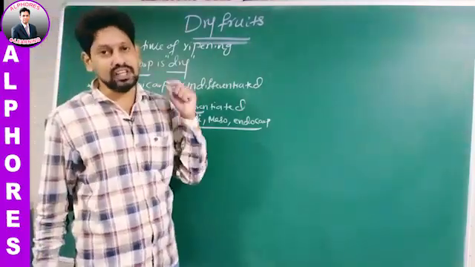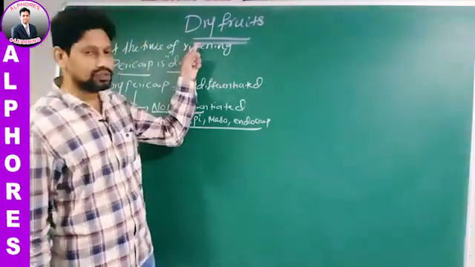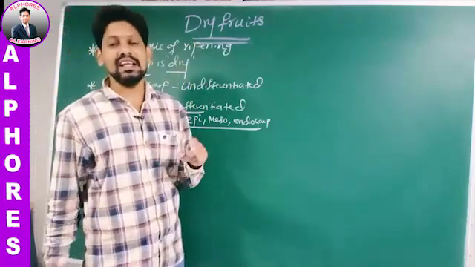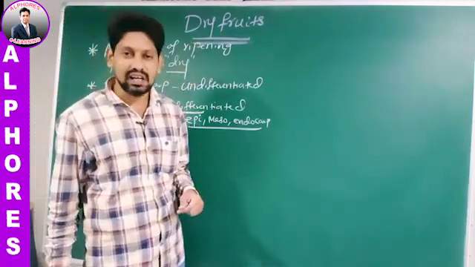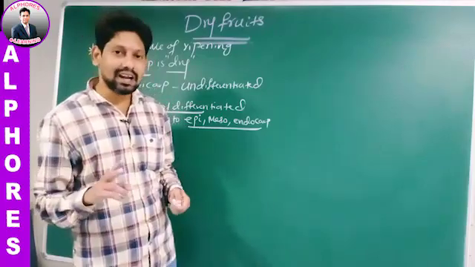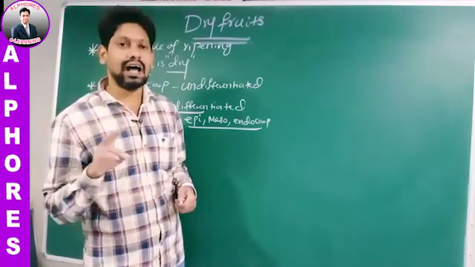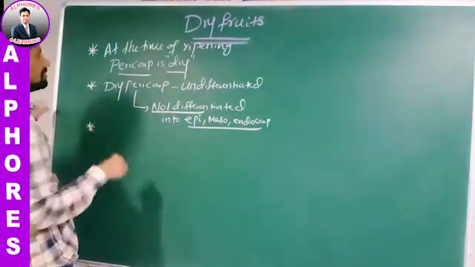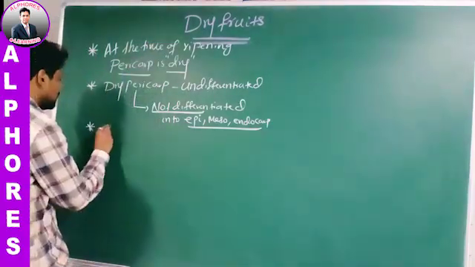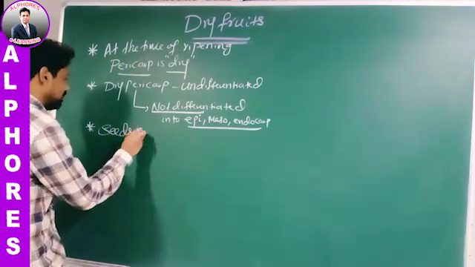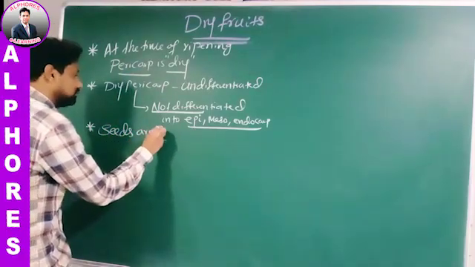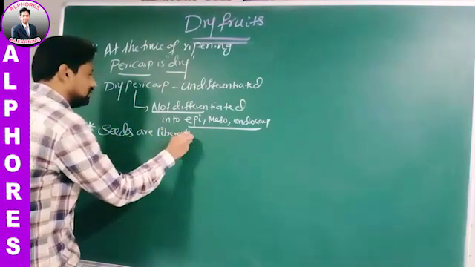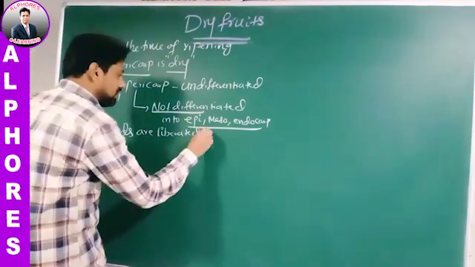Fruit means seeds should be there. Dry fruits should contain seeds, no? The seeds are liberated either by dehiscence of the fruit or by disintegration of pericarp.